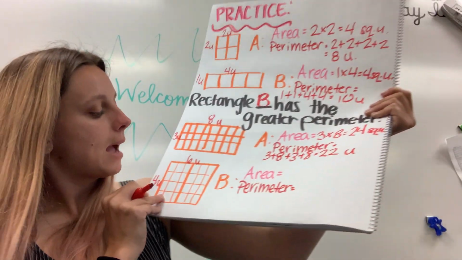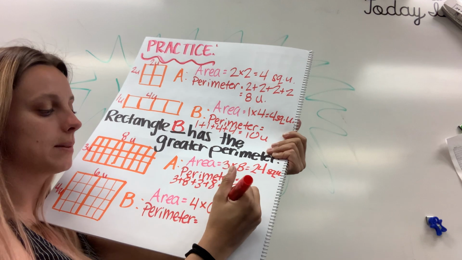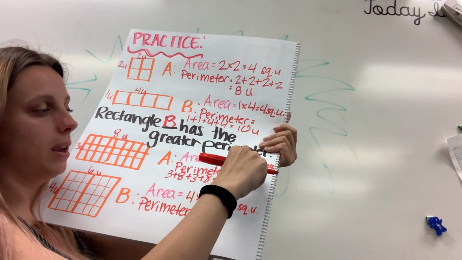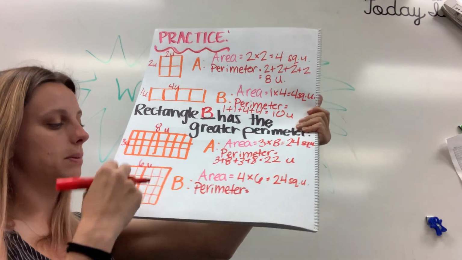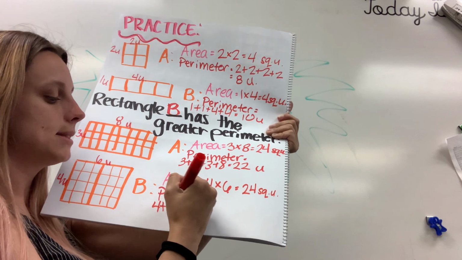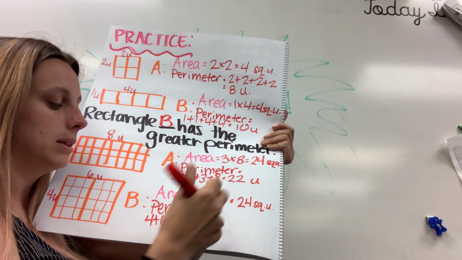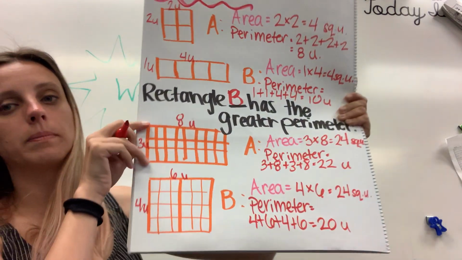All right, now B is a 4 by 6, so I can find my area. 4 times 6 is going to equal 24 square units, so my area stayed the same. Now my perimeter is going to be 4 plus 6 plus 4 plus 6, which is the same as 10 plus 10, which is 20 units.